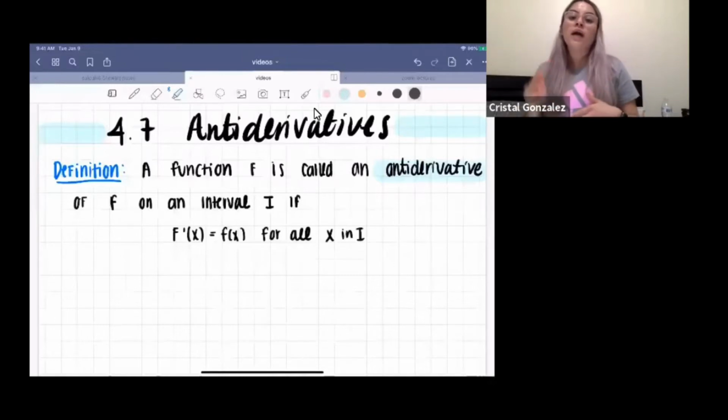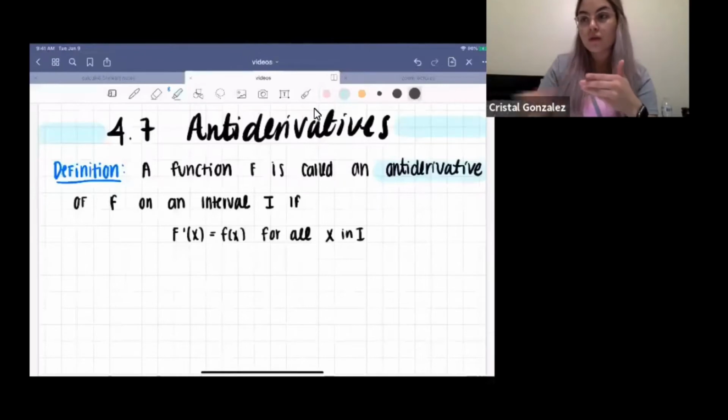What antiderivatives allow us to do is to work backwards from the derivative to obtain further information. And in the next section over, we're actually going to talk about how antiderivatives relate to the area under the curve. But for this section, we just want to focus on the idea of antiderivatives itself.